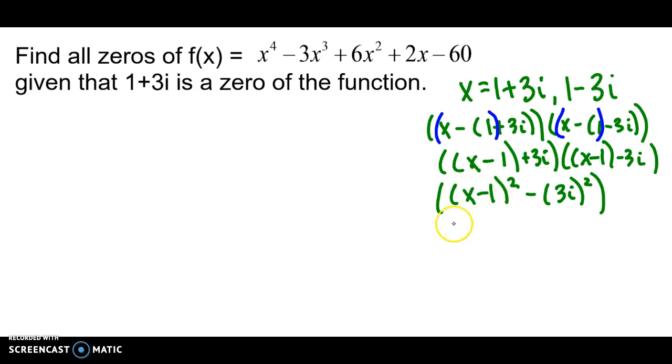This x minus 1 squared is x squared minus 2x plus 1. And 3i squared is 9 times negative 1, but I have a negative in front, so that's a plus 9. Let's simplify: I have x squared minus 2x plus 10.